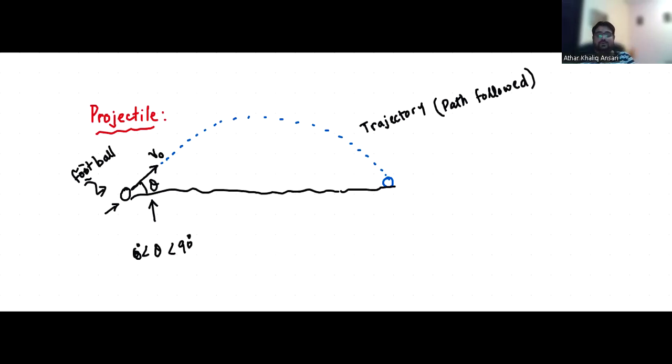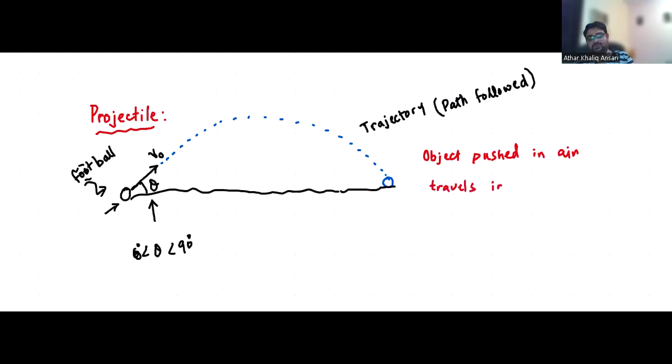When we are talking about projectile, I need to write its simple definition. So we can say if an object is pushed in air, the object travels in two dimensions.